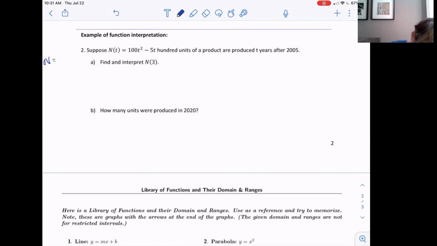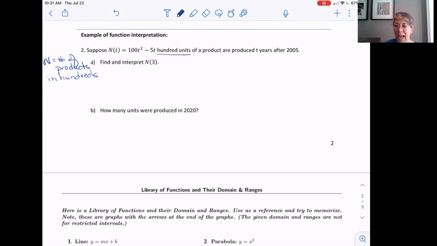So the N represents number of products in hundreds. So if N was 7, that means 700. So that's what it means by 100 units. It could be in thousands or millions.